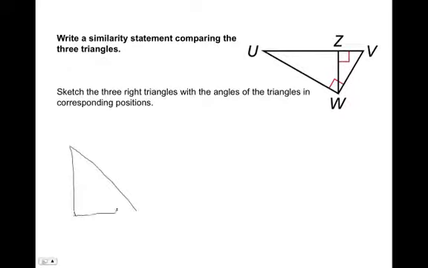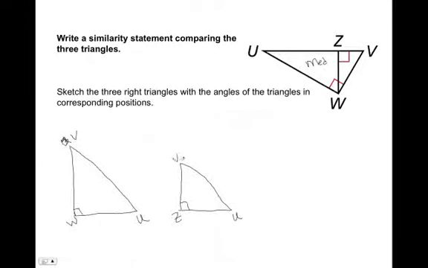We can obviously start with the main right triangle, we're going to make this one V and U. Let's pull out the medium-sized triangle. The right angle, as you notice, is now Z. So here's Z, and this ZU corresponds with WU.